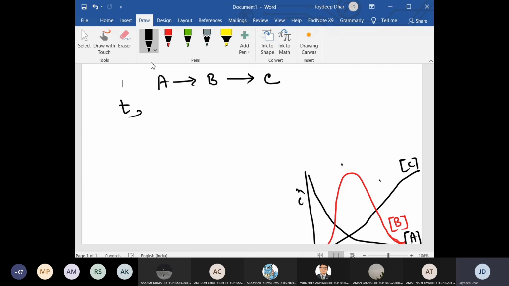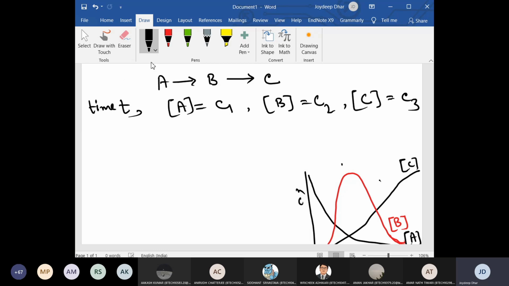You will have the concentration of A equal to C1, concentration of B will be C2 and concentration of C will be C3.